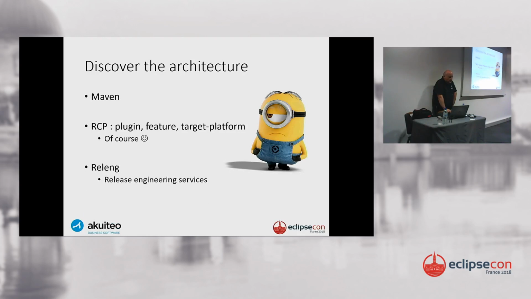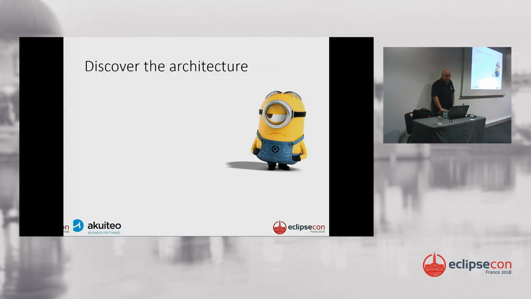And Releng, the release engineering services from the company Obeo. Not so difficult, not so unusual for me. Gerrit for code review, I will talk about Gerrit later. Jenkins for building, not a big deal.